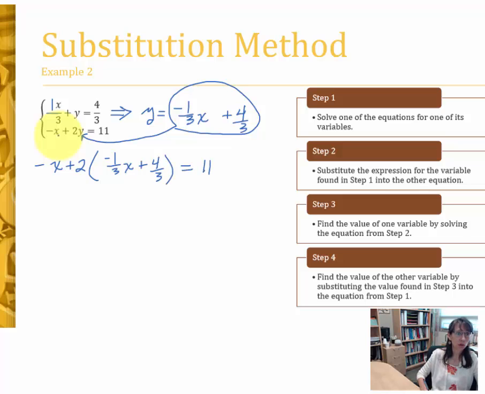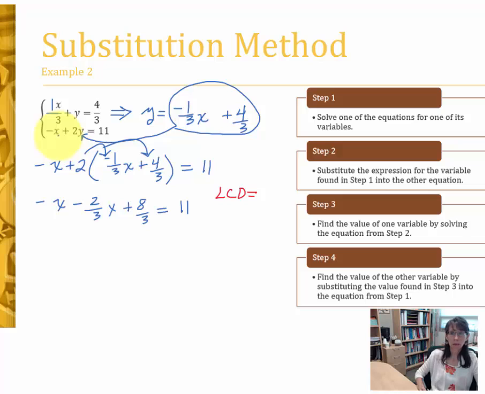So I'm going to distribute positive 2 to each term in this quantity. Negative x minus 2/3 x plus 8/3 equals 11. Now you'll notice we have some fractions, but we've learned in previous lessons how to eliminate fractions from an equation. That technique involves the lowest common denominator.